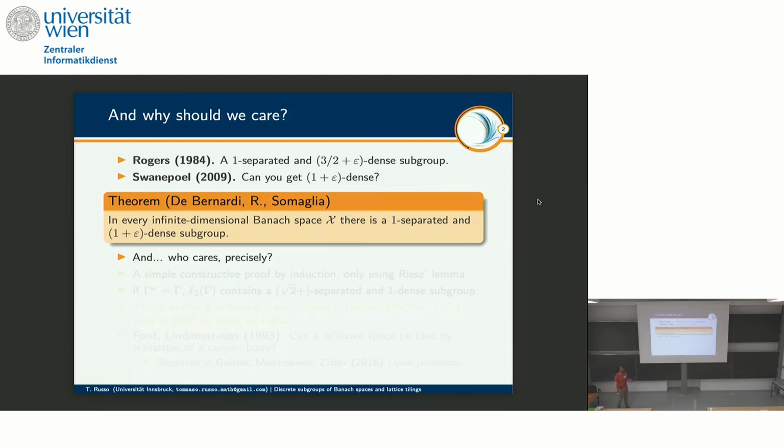However, one thing I want to say is that our construction is, I don't know if simpler than Rogers' because I cannot access his paper, but our construction is really elementary. You enumerate a dense family in X, and then by induction you add vectors in order to approximate every one of the elements of your enumeration. So it's really an elementary inductive argument, only using Riesz's lemma to find the next vector.